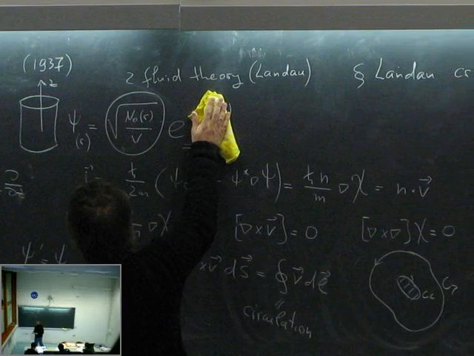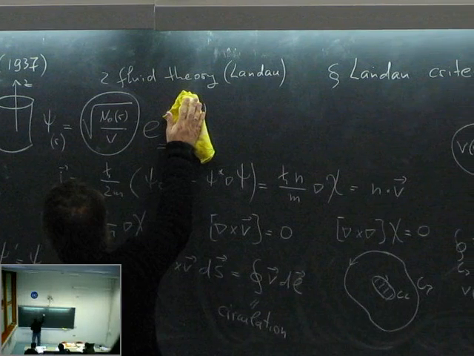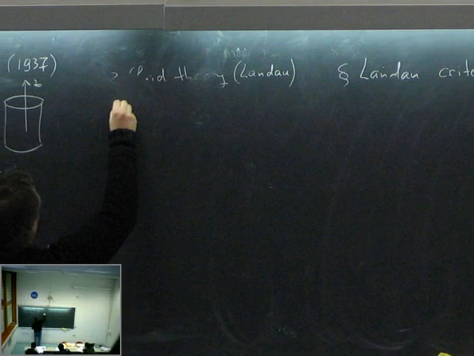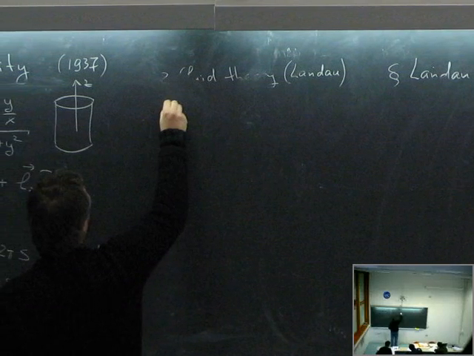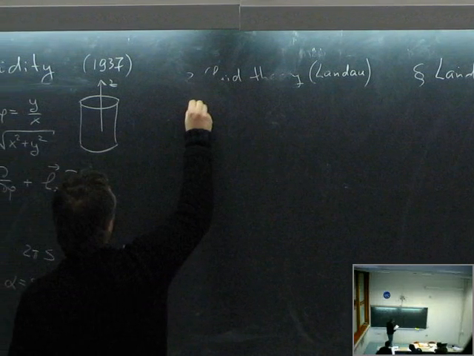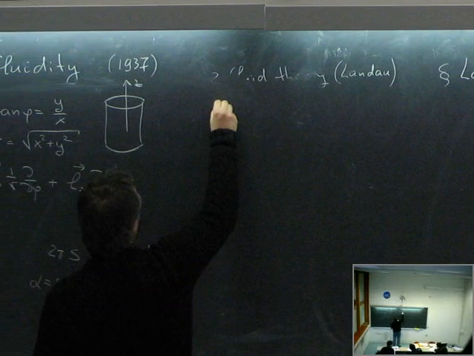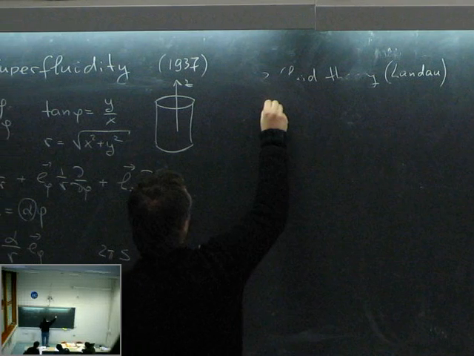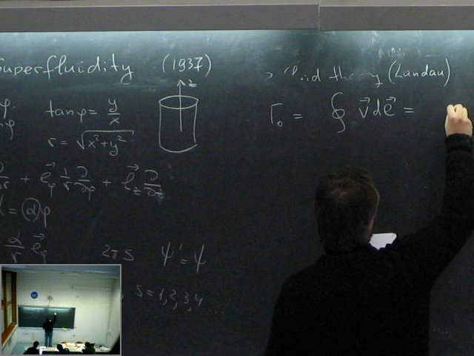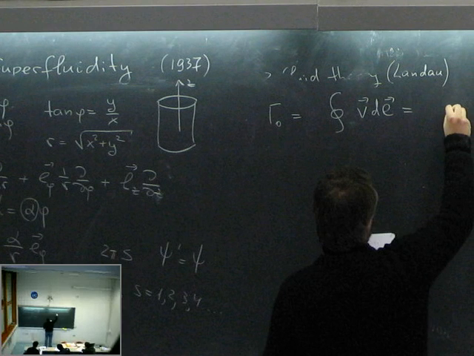Okay, let's come back and calculate the circulation, as I said, gamma naught, which is the integral over a circle of v dl. So it's 2 pi.